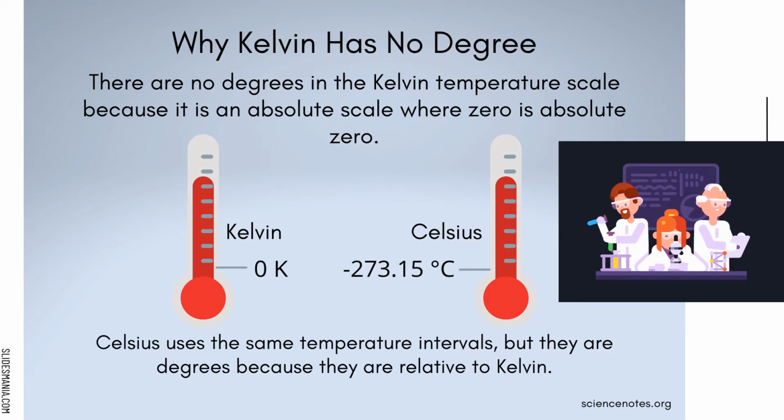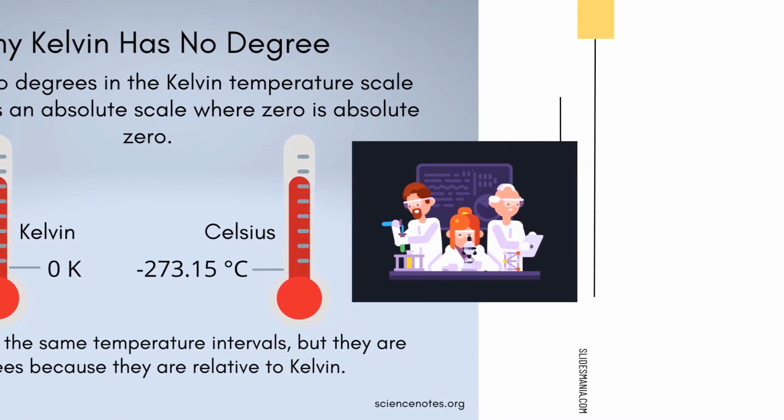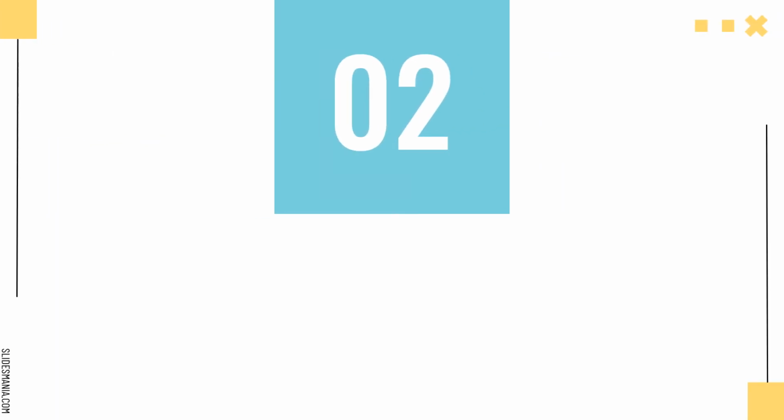Kelvin has no degree, unlike Celsius and Fahrenheit, because it is an absolute scale where 0 is absolute zero, meaning if it is 0 Kelvin, there's really no temperature, since Kelvin is used to measure the degree of hotness of a certain body or matter. And that's it.